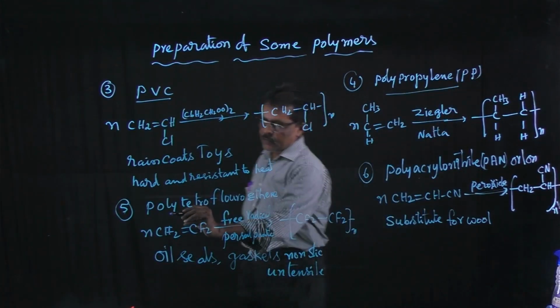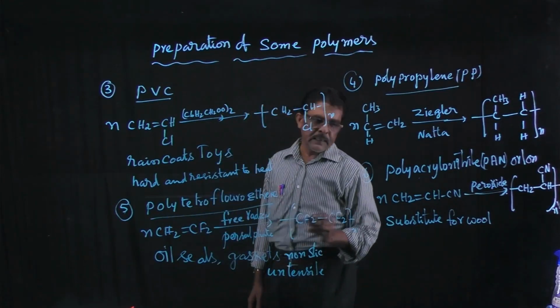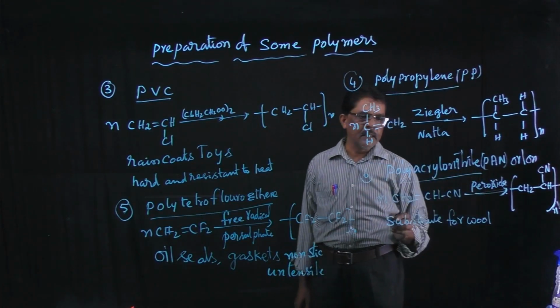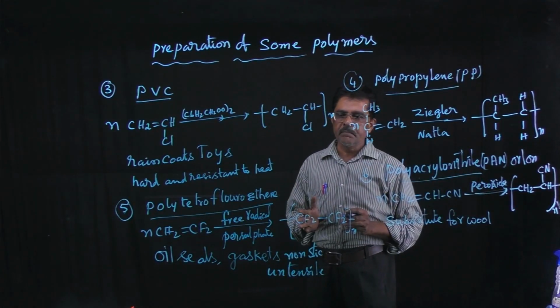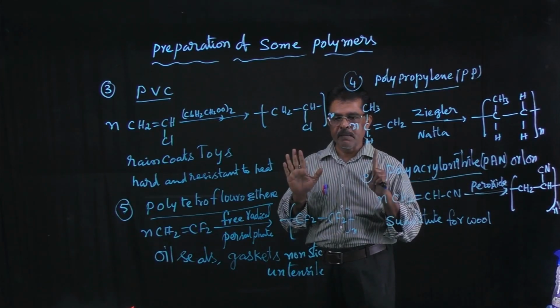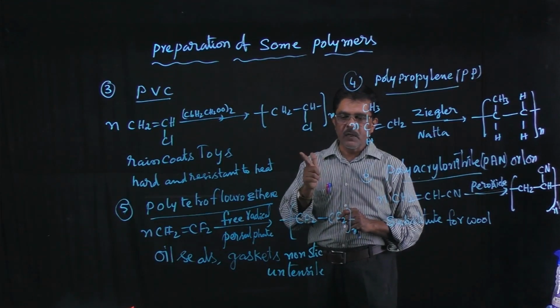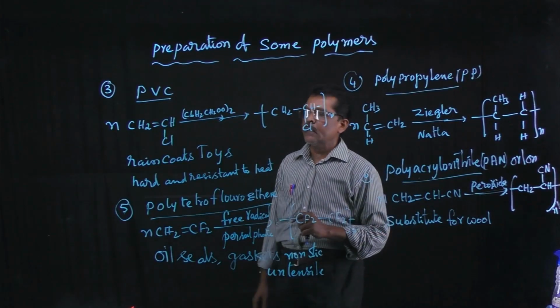Next, fifth one is polytetrafluoroethene, and sixth one is polyacrylonitrile. These are the polyenes. Polyenes are how many types? There are 6 types. First one polythene, second one polystyrene, and third one is the PVC.